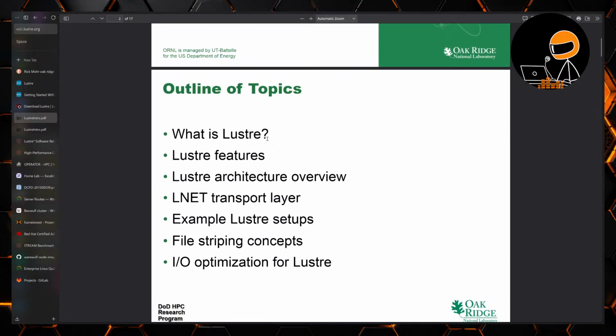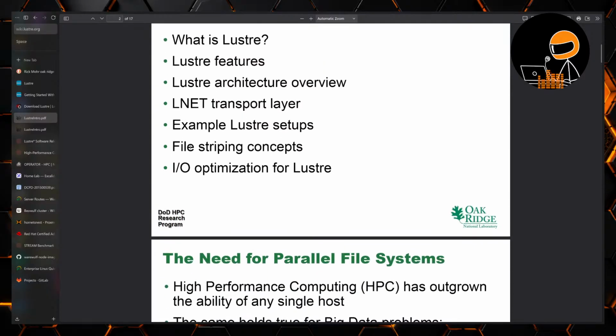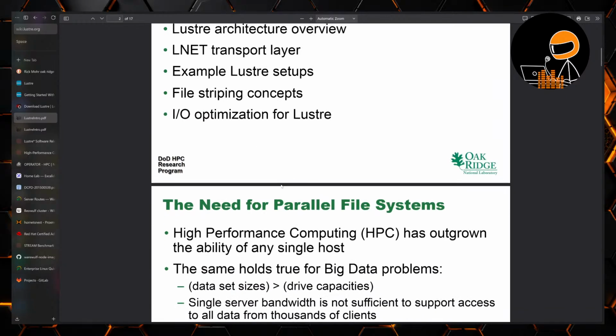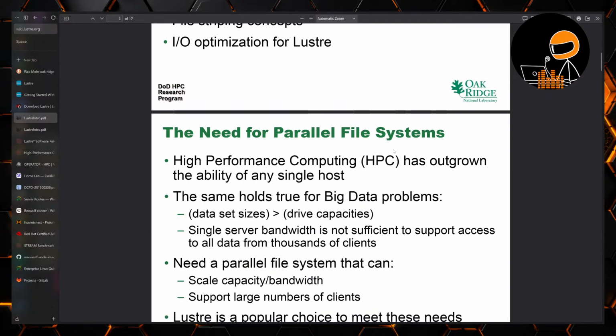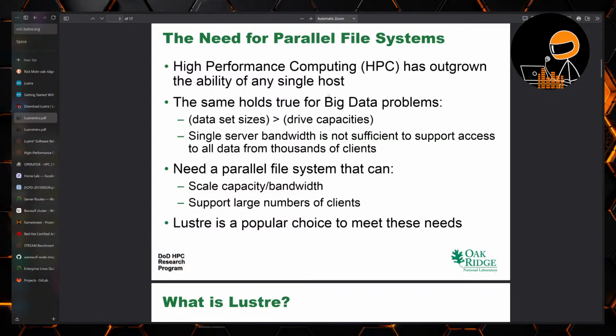Okay, so outline of topics. What is Lustre? Lustre features, Lustre architecture overview, LNet transport layer, example Lustre setups, file striping concepts, input output optimization for Lustre. The need for parallel file systems. High performance computing, HPC, has outgrown the ability of any single node, any single host.